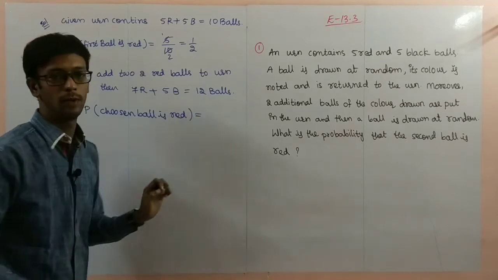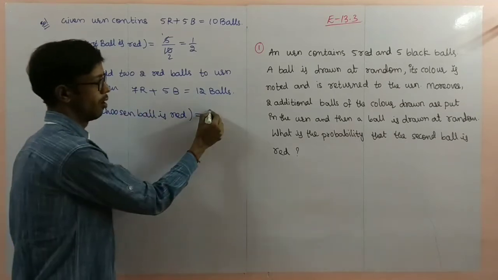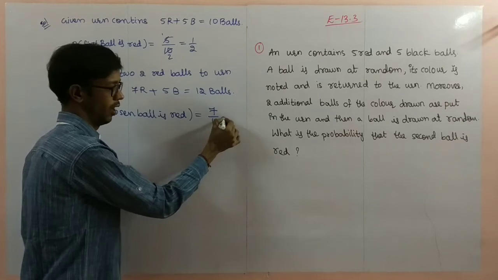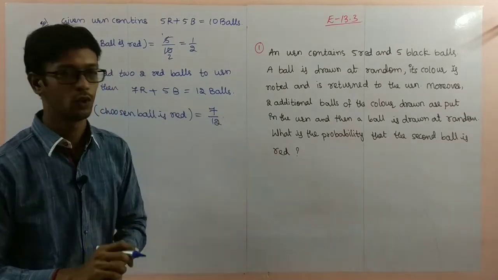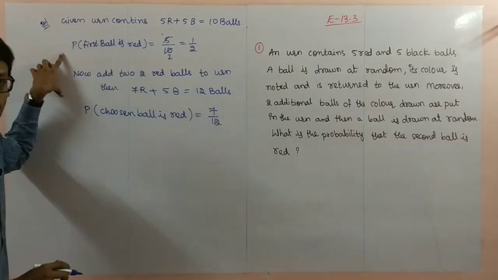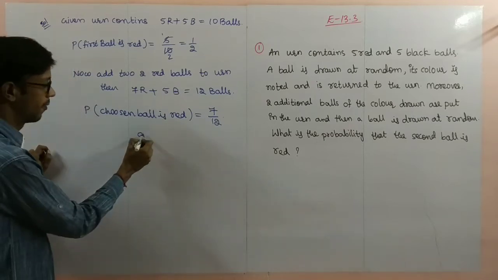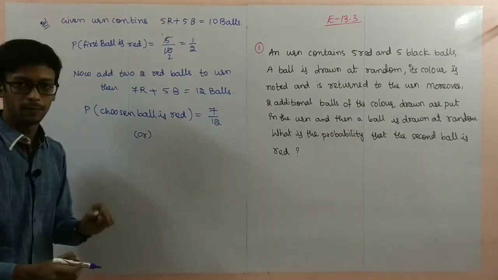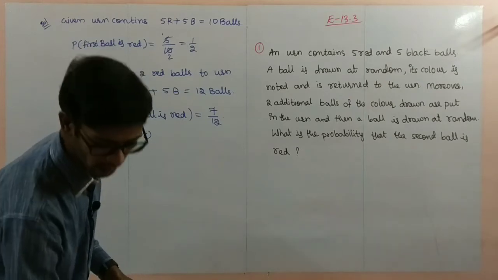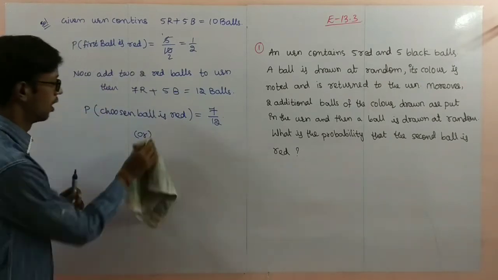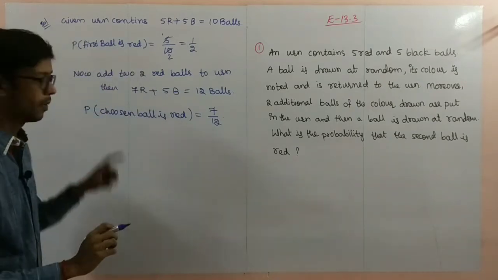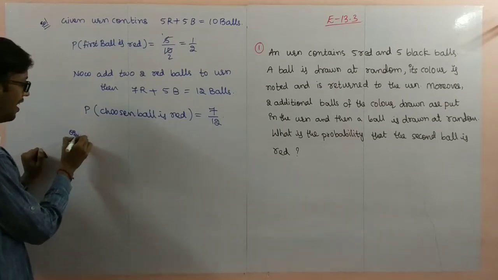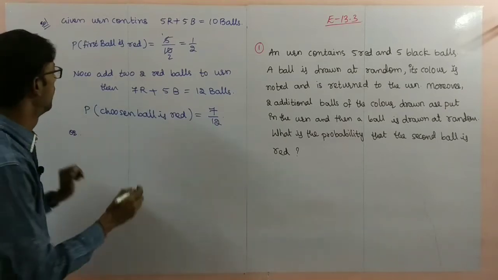So what is the probability here? 7 red balls, total is 12. 7 by 12. Either this possibility you will get, or otherwise, don't write direct 'or' here. Either this one possibility or another possibility also there.